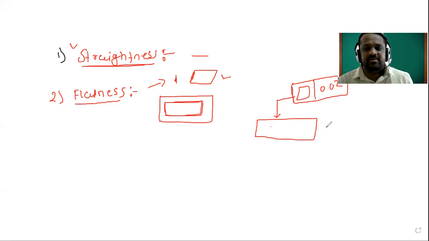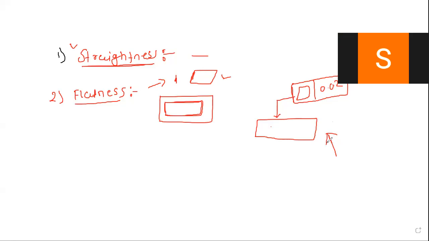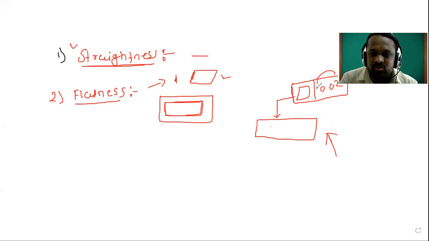Yes, Asmita. Flatness is 0.02. What is this 0.02? Tolerance.